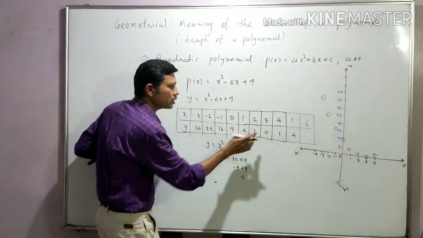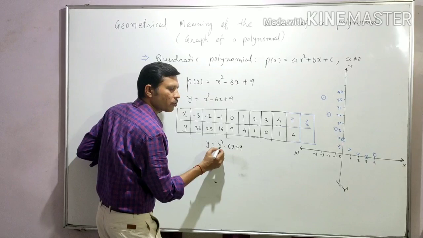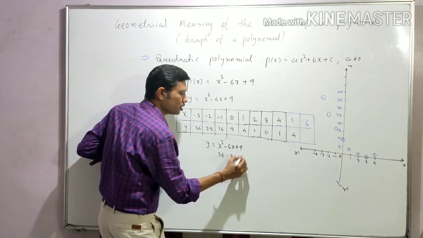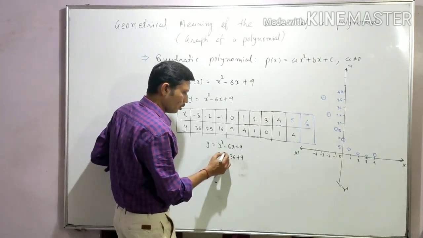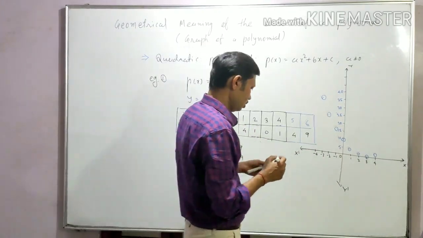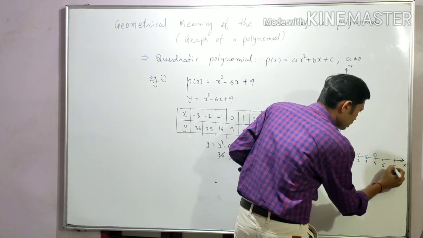Suppose I take 6 here. 6 the square is 36, 6 6s are 36, and plus 9, so overall it's 9. So few more points, 5 and 6.